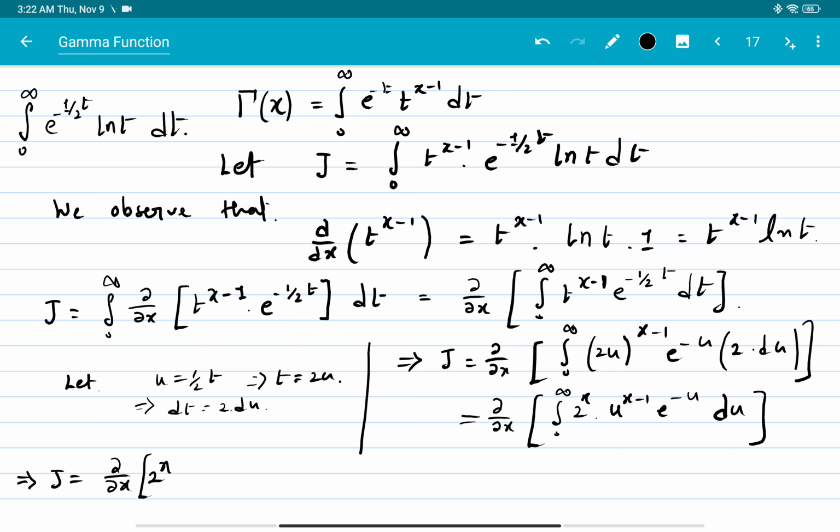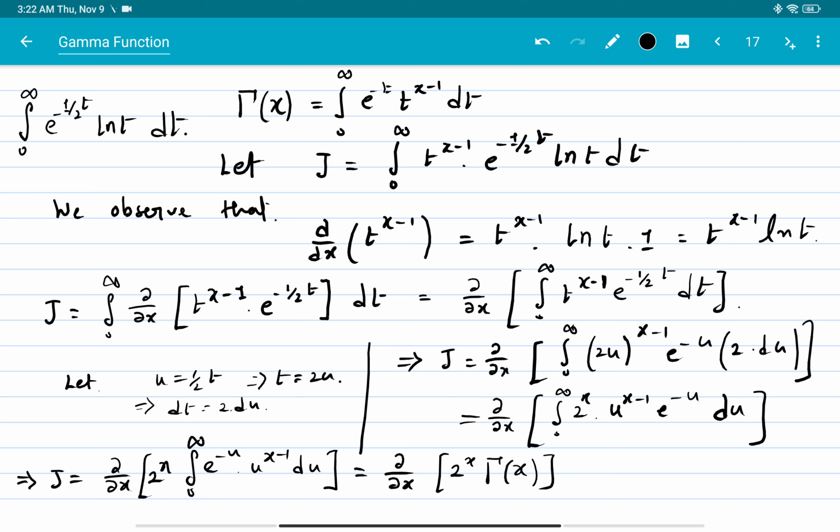So 2 to the power x, integral from 0 to infinity, e to the power minus u times u to the power x minus 1 du, right? So let's write it as del x of 2 to the power x gamma of x, right?